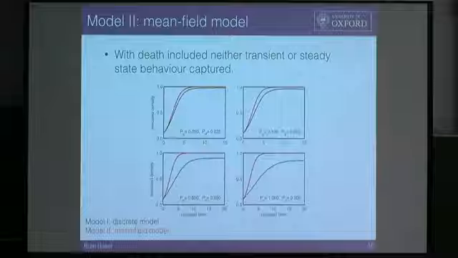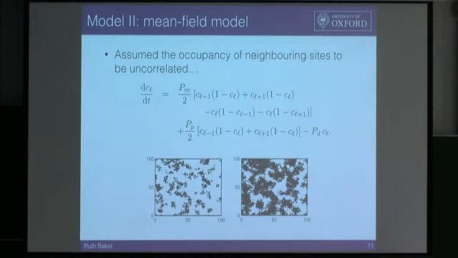So what I want now is model 3, which tries to mitigate some of those issues. And what can we do with model 3? Well, what we did with model 2, under the hood, and I sort of glossed over, was assuming that the occupancy of neighboring lattice sites in my model was uncorrelated.